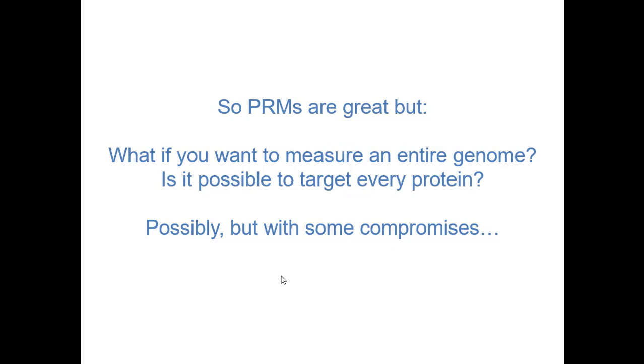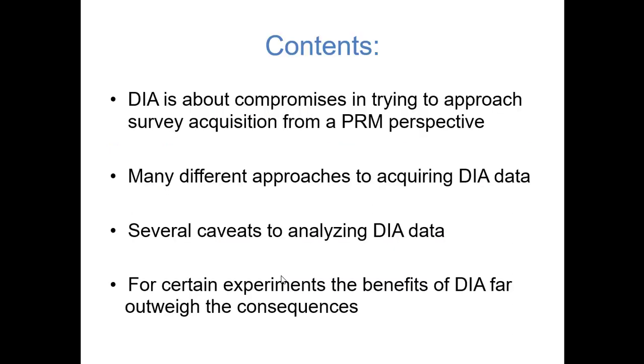How can we measure an entire genome's worth of peptides? Is it possible to effectively target every single protein in a proteome? The answer is possibly, but there are a bunch of compromises that go into that. And that's sort of what DIA is. It's a giant list of compromises.